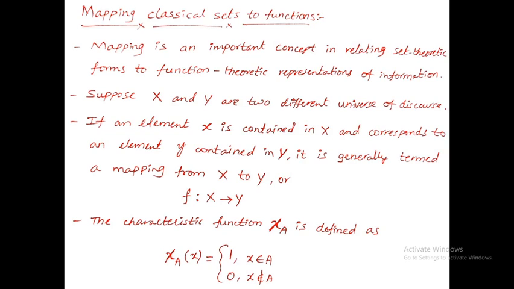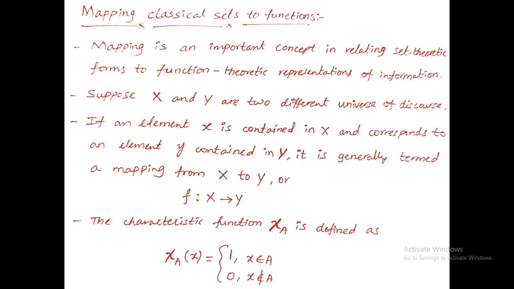So here the characteristic function, x subscript A, is defined as xA of x is equal to 1 if x belongs to the capital A. That is nothing but x belongs to the set A, then xA of x is equal to 1. If x does not belong to A, then xA of x is equal to 0. If the element belongs to the set A, then the function xA of x equals 1.